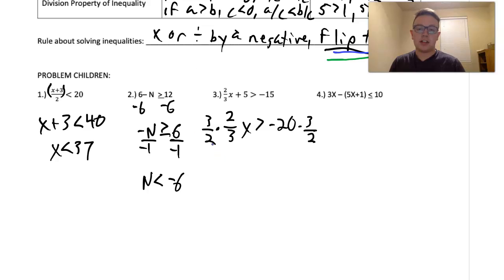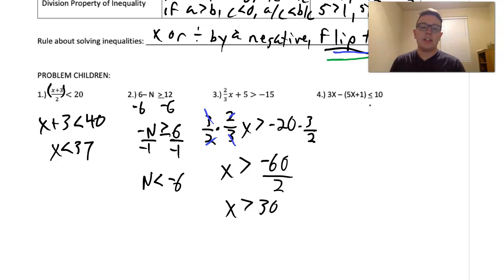This will cause our 2's and our 3's to cancel out. And what are we left with? We have x is greater than. Notice we have a negative, but we're not multiplying or dividing by it. The negative just stays where it is, so we're not going to flip the sign. So this becomes -60 over 2, or we get that x is going to be greater than 30.